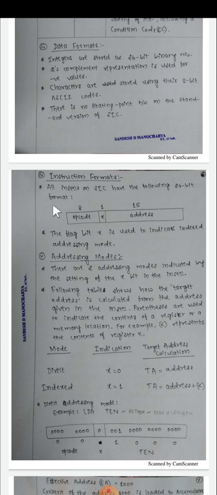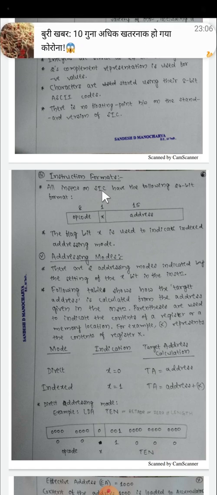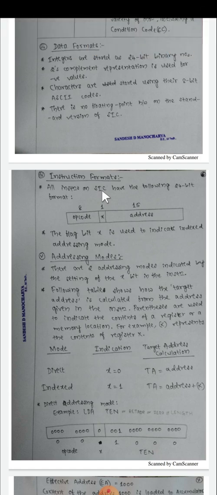Next concept is instruction format. In the SIC machine there is only one instruction format. All instructions will be in the same format or same syntax. All instructions on SIC have the following 24-bit format. These instructions will compulsorily be in this 24-bit format only.